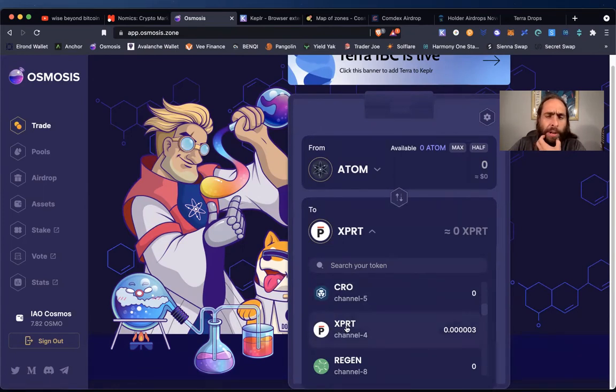No third-party bridge. It's all done through the IBC, but they're not on their native chain. So if you would like to stake XPRT, and we'll get to this later, they're one of the top platforms out there for airdrops and rewarding their participants. If you'd like to stake XPRT for the rewards, then you'd want to take it off of Osmosis back to its native chain, and then go to the website and stake it through there and all that good stuff.